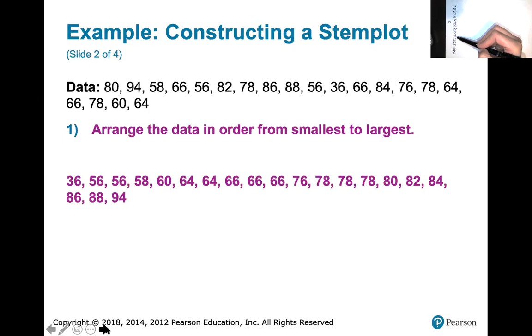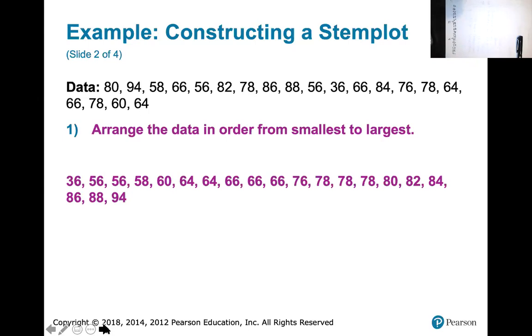Ooh, it looks like I'm missing a 78. Or maybe I was missing it when I wrote it down over here. That's okay. There should be a third 78, but I think I just didn't have it on my list at the top. Then we've got an 80, an 82, an 84, an 86, an 88, and a 94. Okay, great.